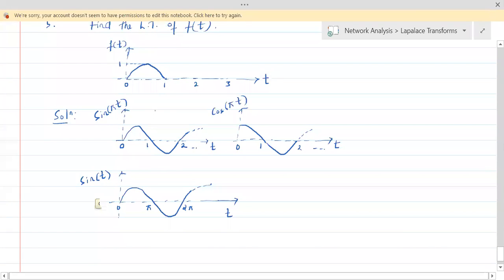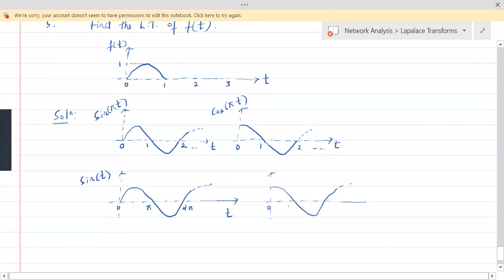Now they have written it as 1, 2, 3. Now this is a part of which signal among these three? Everybody should understand this. Let us write this also. You have another form of sinusoidal signal, that is the cosine signal, which would look like this.